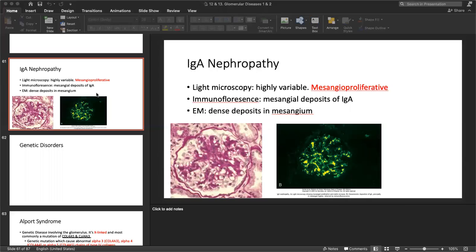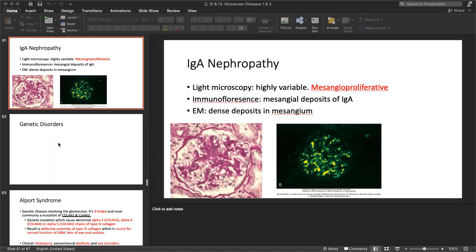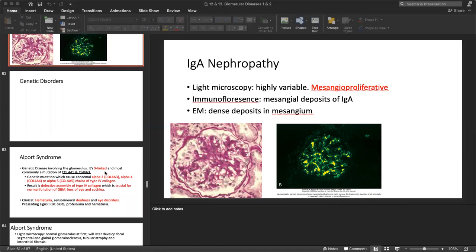Know where they're located. Know the population. Is it kid? Is it adult? Do they have HIV? Do they have something going on? Know the light microscopy, the immunofluorescence, and electron microscopy. I know that's a lot. And it's like one lecture. So get it.